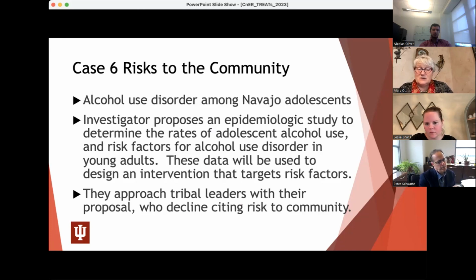The data would be used to design a longitudinal intervention that targeted risk factors. They approached tribal leaders with their proposal, and the tribal leaders declined, citing community risk. So my question is: what are these community risks, and how could the researcher have addressed them?